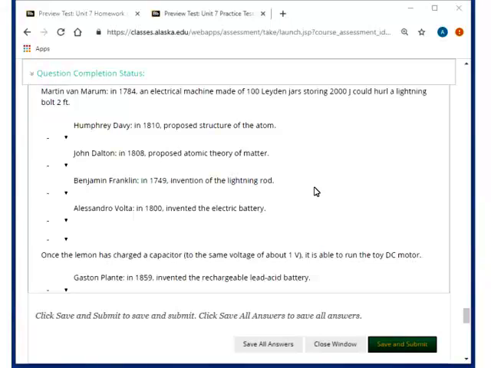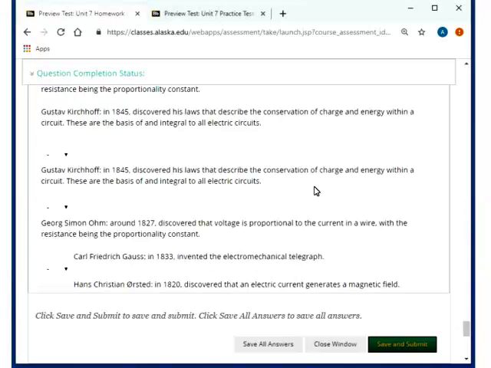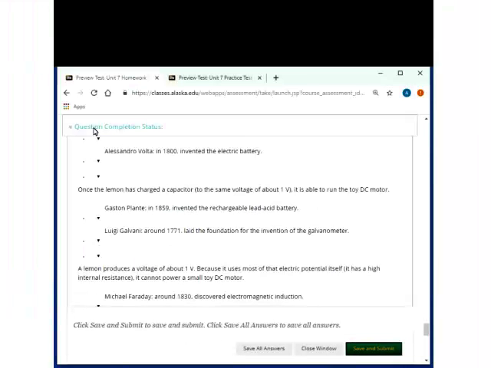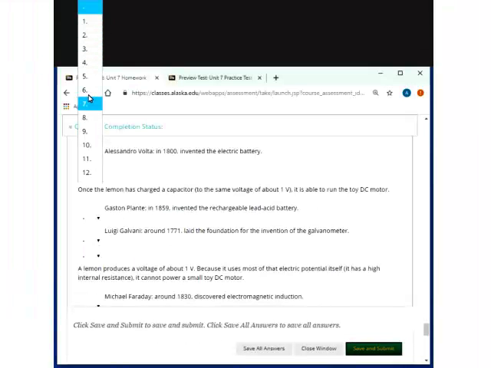There are 2 lemons in here. A lemon produces a voltage. Where'd it go? Yep, it's this one here. That should be quote number 6. And then the others are in between here.